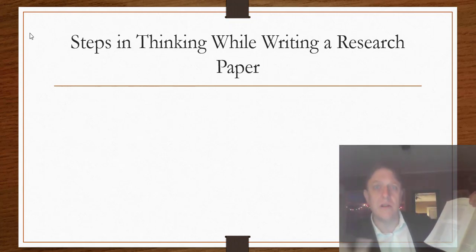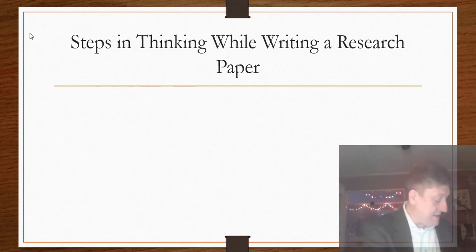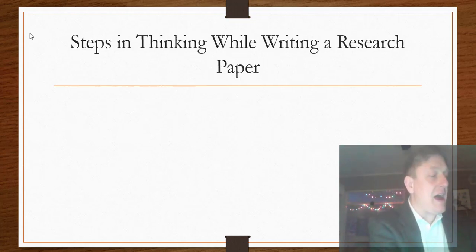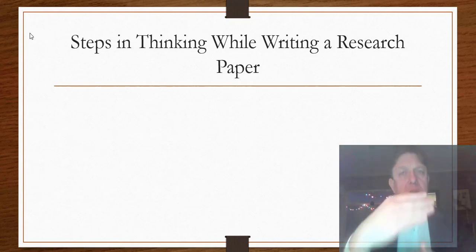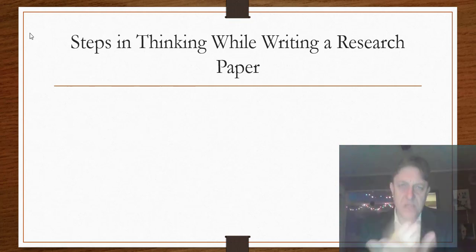It's from a flagship journal, the American Sociological Review. But more than that, it's put there because they've done a really good job of showing exactly how you can go through writing. They model the steps very explicitly.